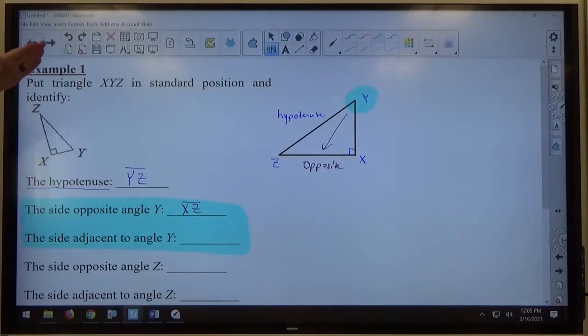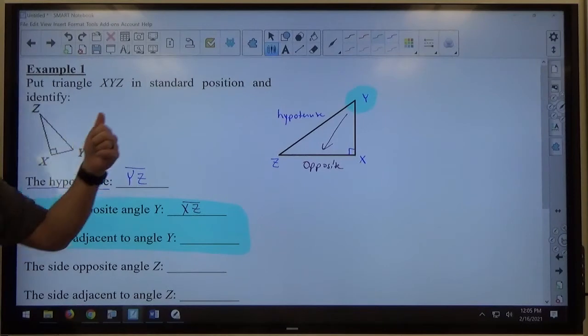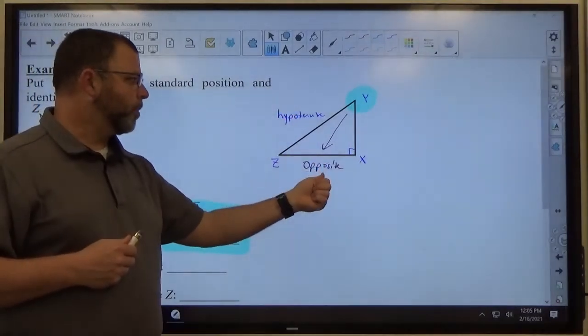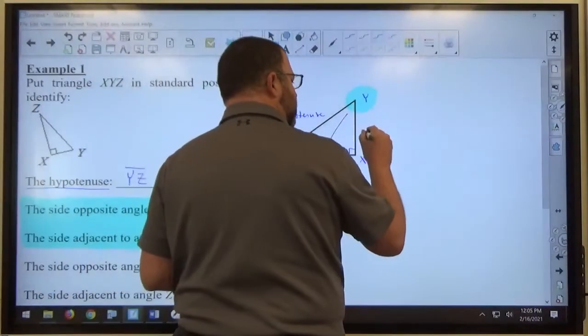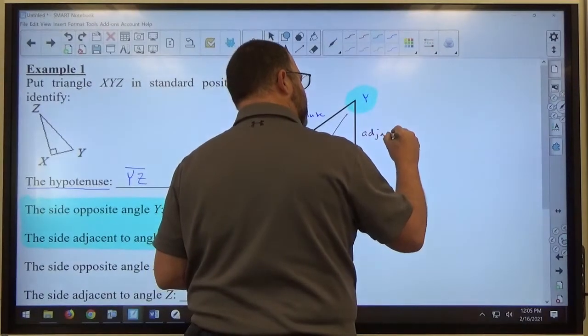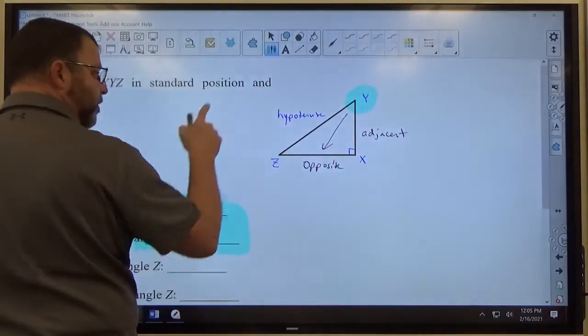And the hypotenuse is the slanted side. So two of the three sides have been identified. The only other side in the picture is going to be the adjacent side. So once we've identified what the hypotenuse and what the opposite is, then the other side must be the adjacent. So the adjacent side would be XY.